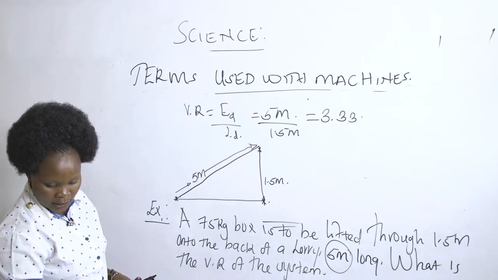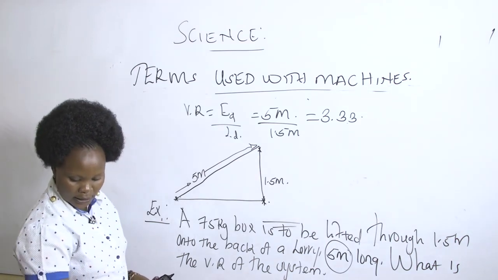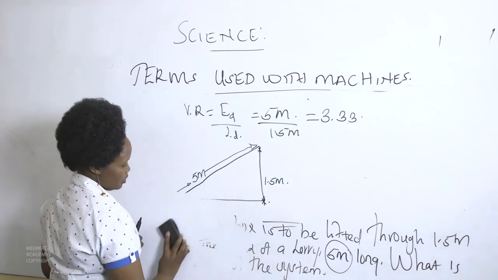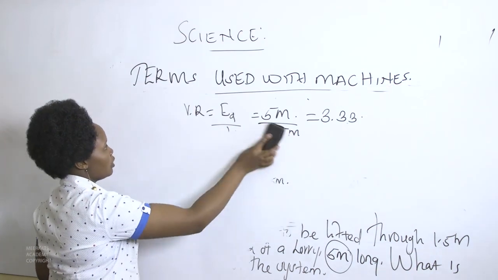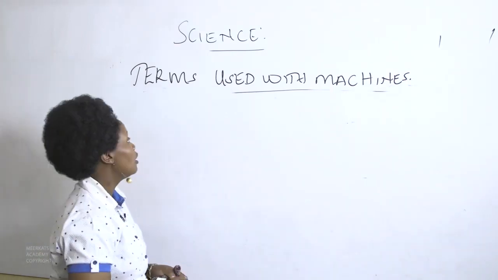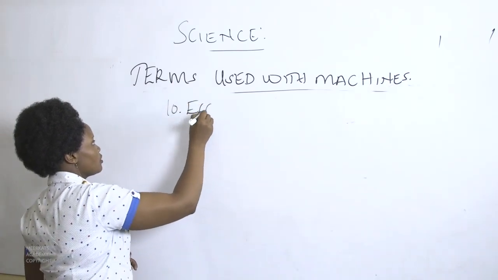Now, let us look at the last term. The last term that we associate with a machine. And the last term is what we call the efficiency.